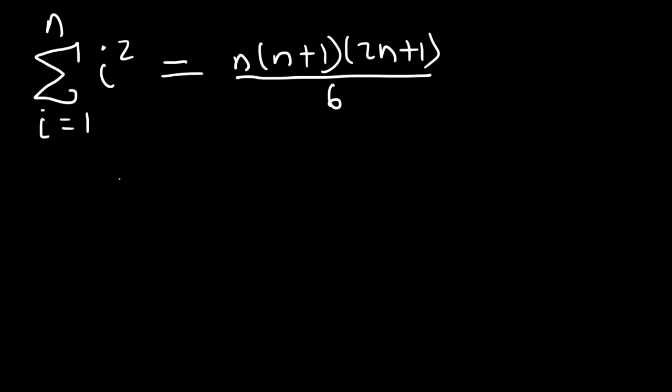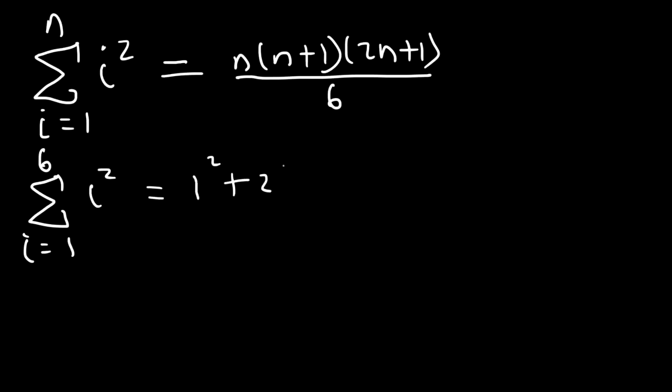So let's confirm that with an example. Let's say we have i squared and we wish to go up to 6. This is going to be 1 squared plus 2 squared plus 3 squared plus 4 squared plus 5 squared plus 6 squared.